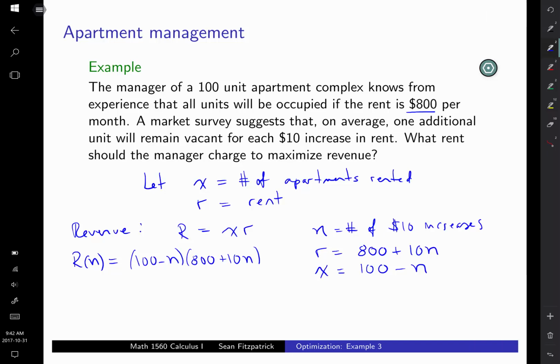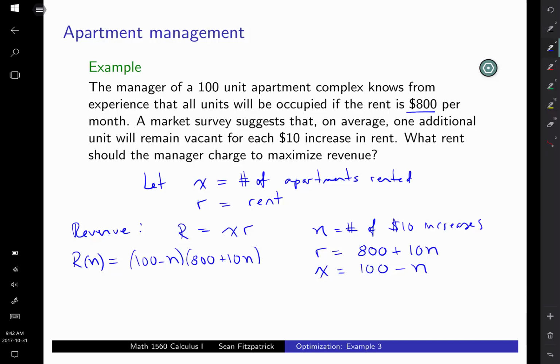Now, one kind of issue that we could take with this problem is that N is an integer bigger than or equal to 0. We can't really do calculus with an integer variable, but we can do this approximately.